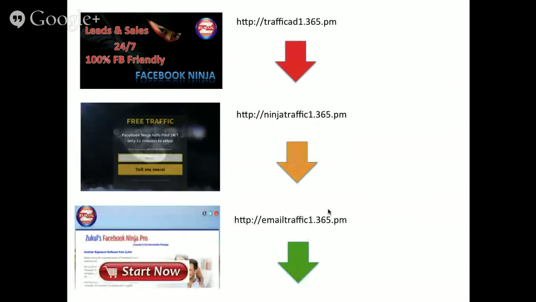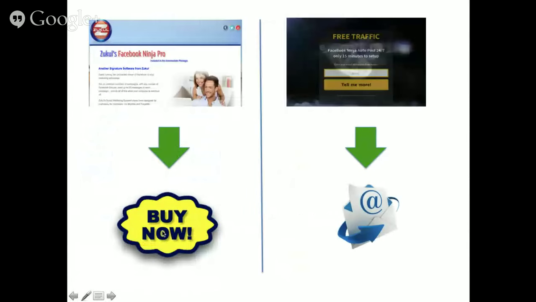There are 2 things that happen here in the middle, if you like. Once they've filled out their email address on this landing page, 1, they go to the sales page, and 2, they're put into my autoresponder. Okay, so that's basically what happens.